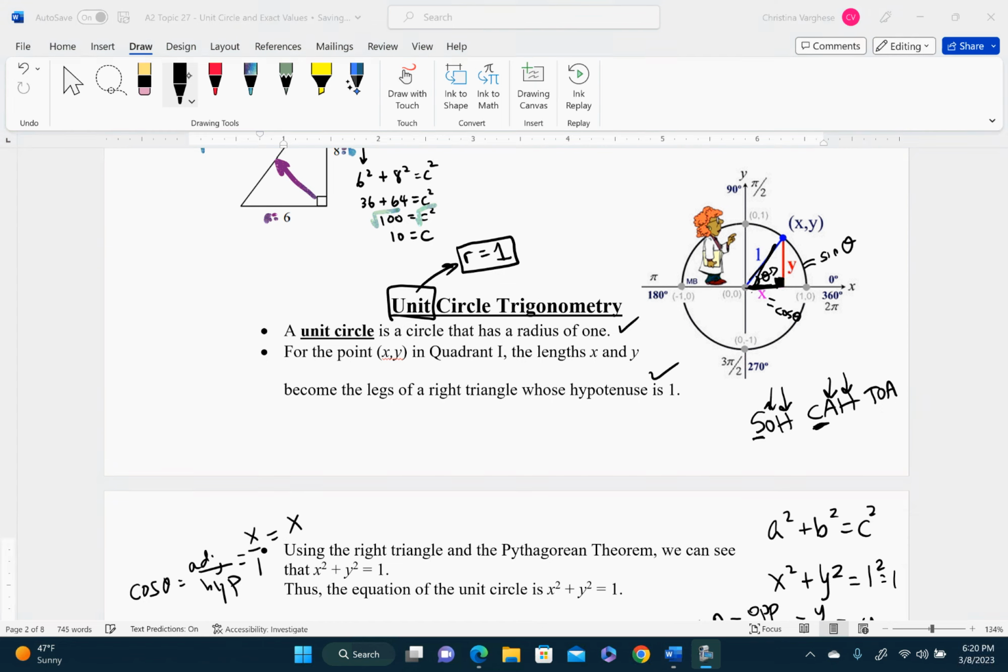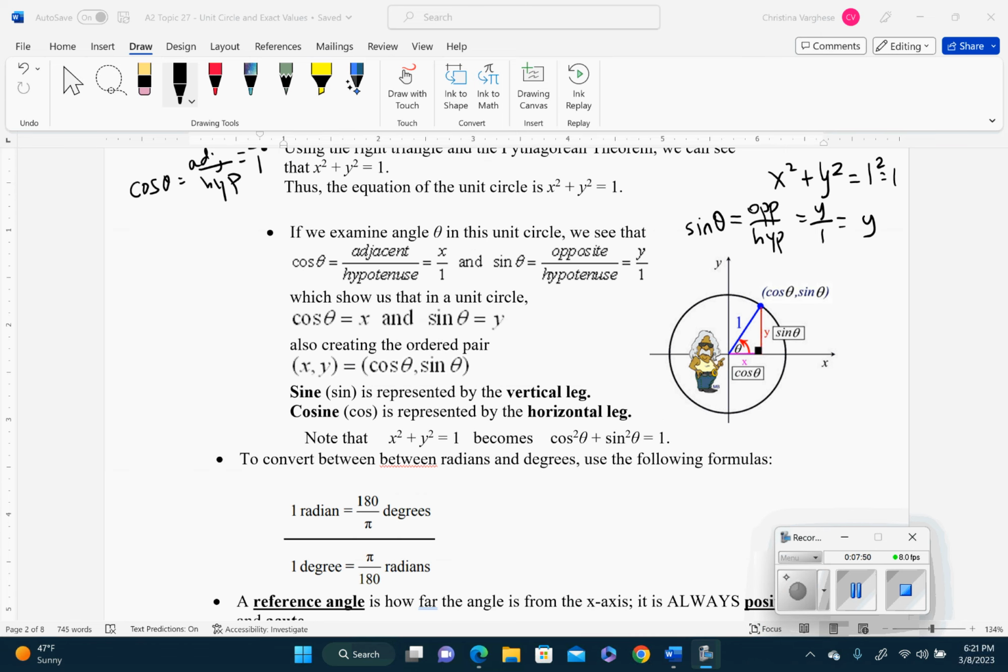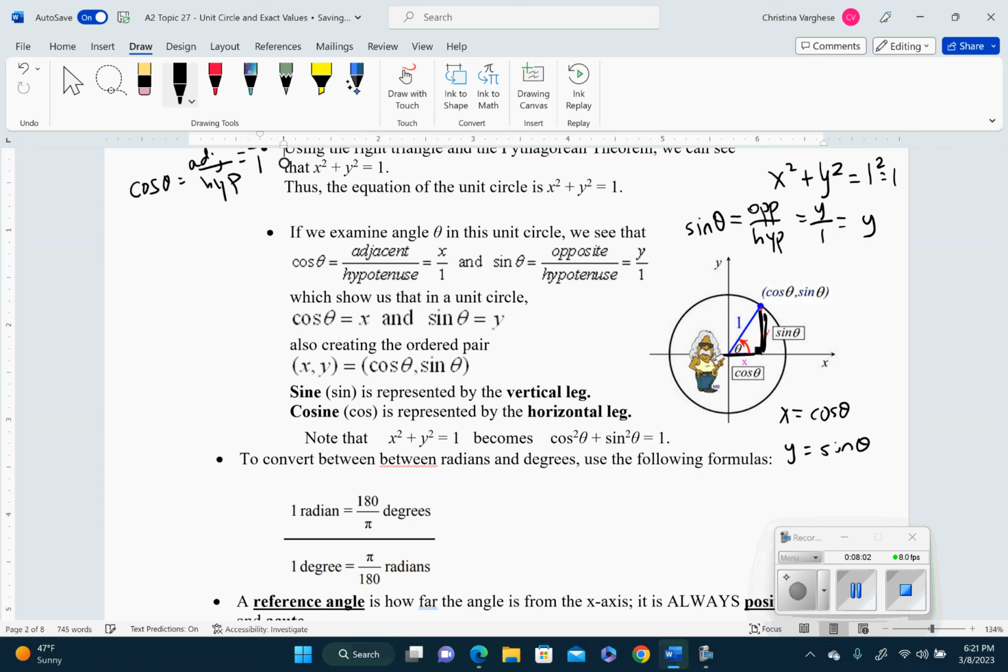Pause this video and take some notes. This is what we just learned: x is cos of theta, and y is sine of theta. I remember it like the alphabet. X comes before Y in the alphabet, and C comes before S in the alphabet.